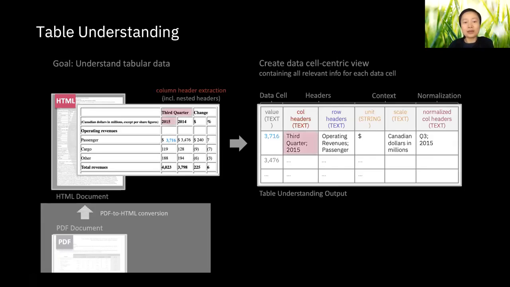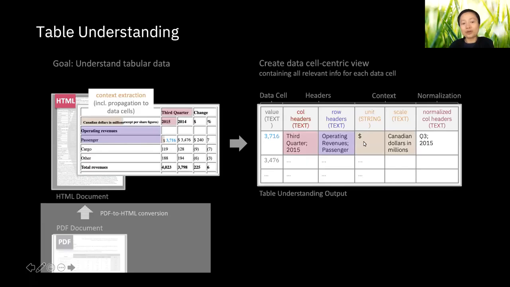In order to do this, we need to identify for every data cell the corresponding column header, as well as the row header, including the hierarchical relationship. Like here, for example, if you just look at the row header, it's only passenger, but if you only know passenger, this is not meaningful, right? You want to know this is operating revenue related to passenger.